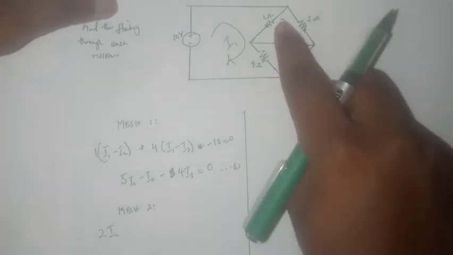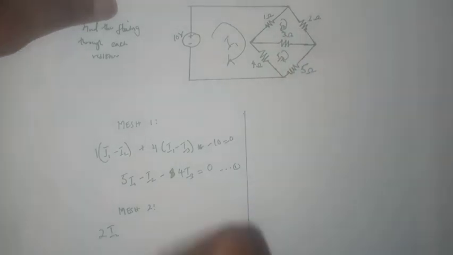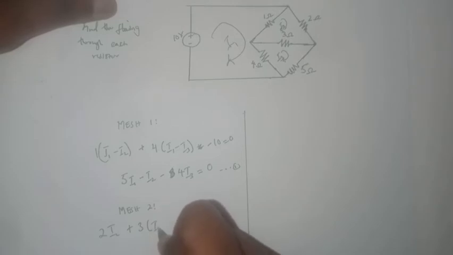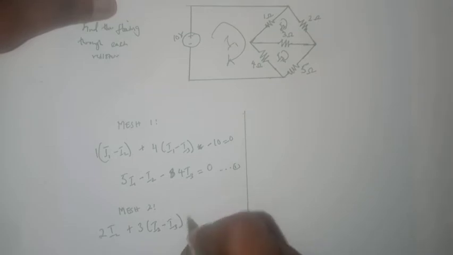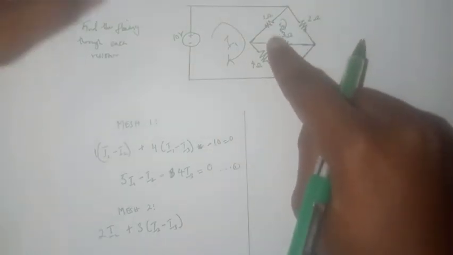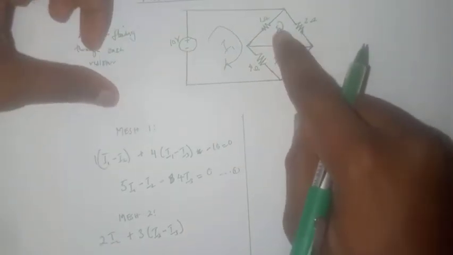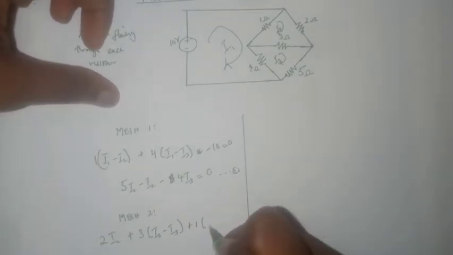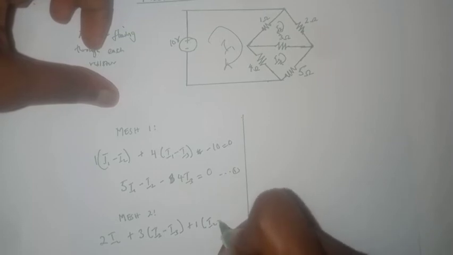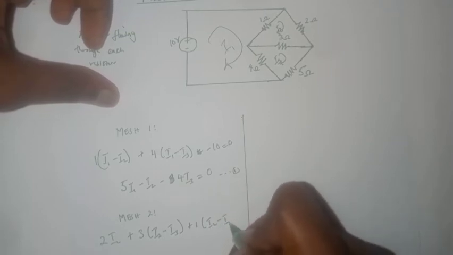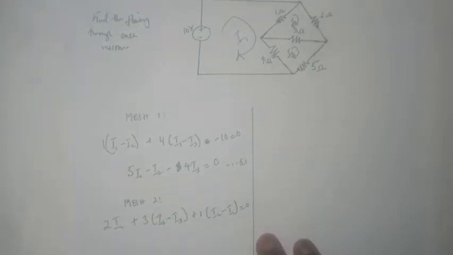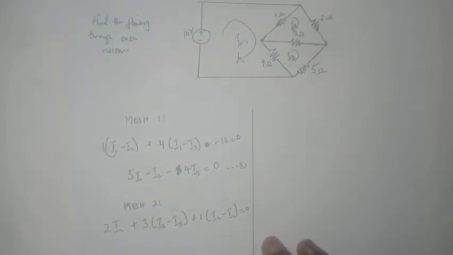That would be I2 and I3. So that would be plus 3 into I2 minus I3. Then we come here and we have two currents flowing through the 1 ohm resistor, and we would have plus 1 into I2 minus I1. Then we equate everything to 0 using KVL.